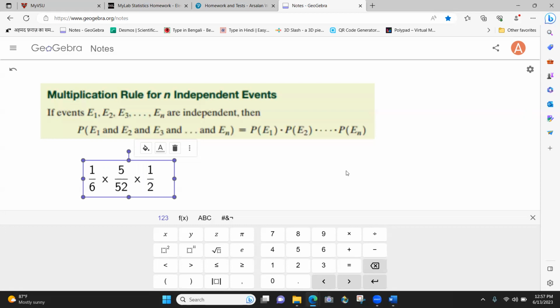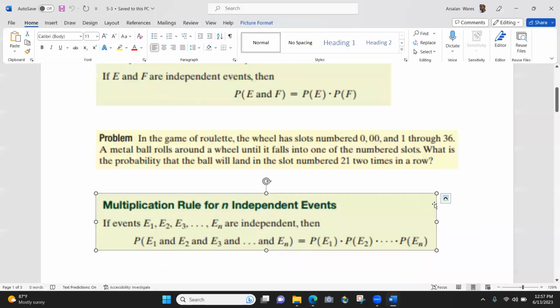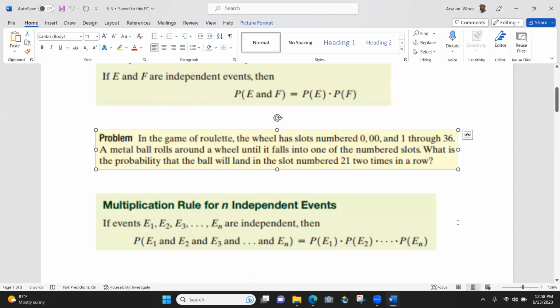And whatever this turns out to be, I don't care. I can use my calculator, but you get the point, right? Whatever you get is your final answer. So this multiplication rule works for more than two events. Let's grab this problem from your book and see if we can work on it using what we have just learned.